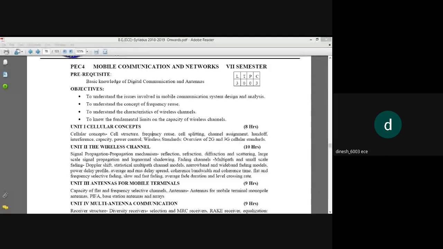So communication is the transfer of information, either in the form of text, data, voice, SMS, videos, anything could be your communication signal.